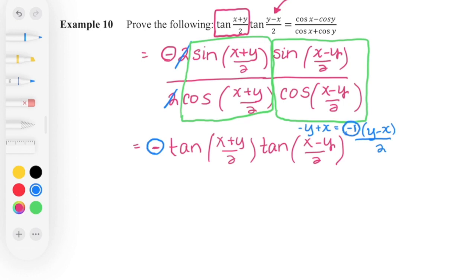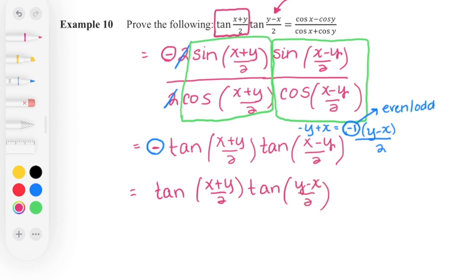So when I combine these two negatives together, utilizing our even and odd identity, that negative would pull out front, which would give me then tangent of (x plus y) over 2 times tangent of (y minus x) over 2. So by utilizing the even and odd and rewriting that tangent on the right-hand side, pairing it with the negative with the tangent on the outside also gets rid of that negative because it's wanting us to be positive here.